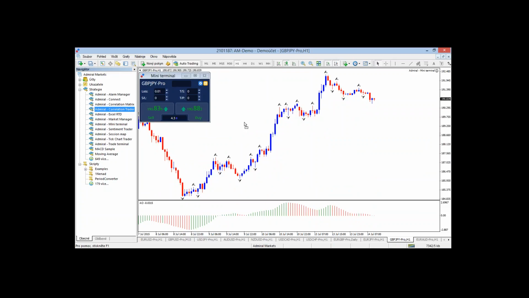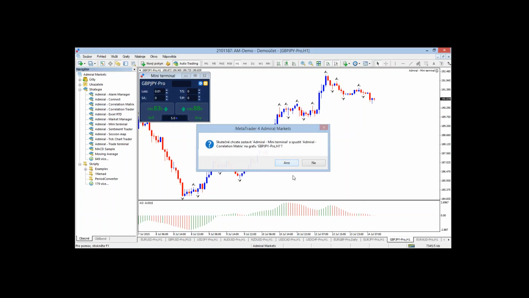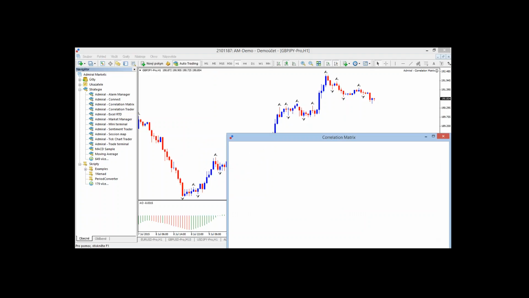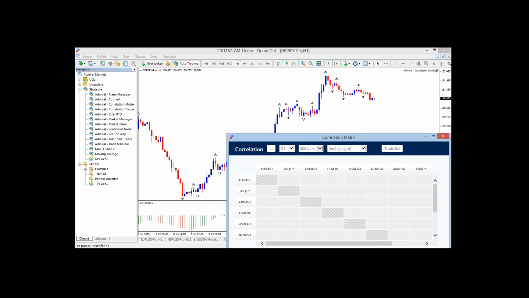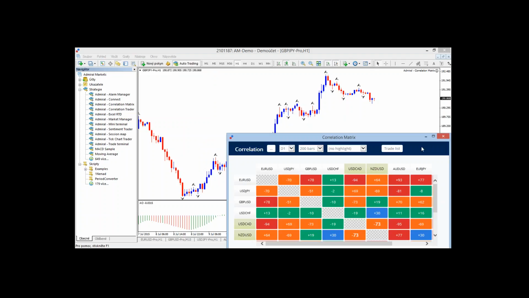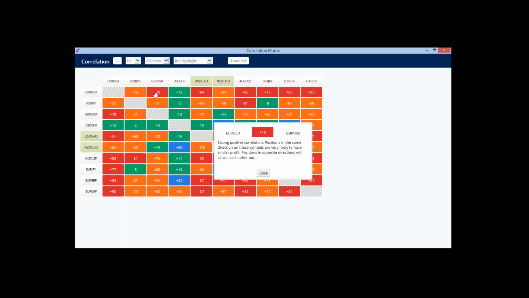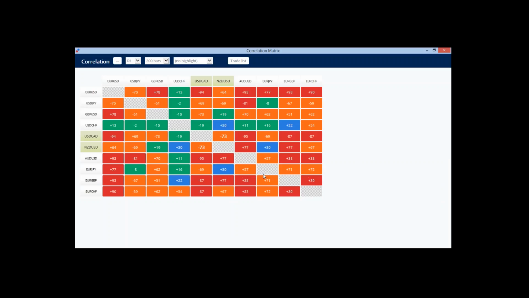Now we can use the correlation matrix, part of the Admiral Markets Supreme Edition plugin, an extra plugin for MetaTrader 4 with a lot of goodies, 50 plus features that normal MetaTrader 4 does not have. So that's definitely worth taking a look. And we can see euro dollar on this daily chart, pretty highly correlated, strong positive correlation.